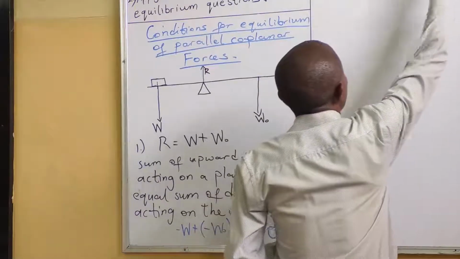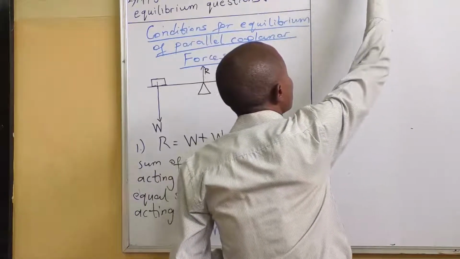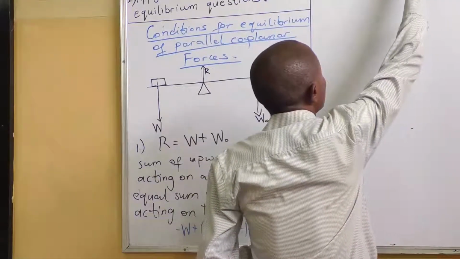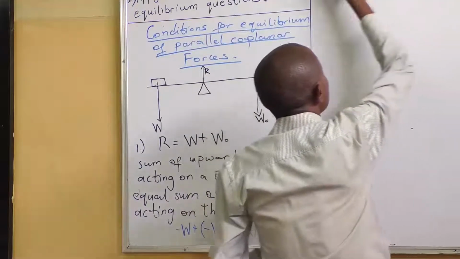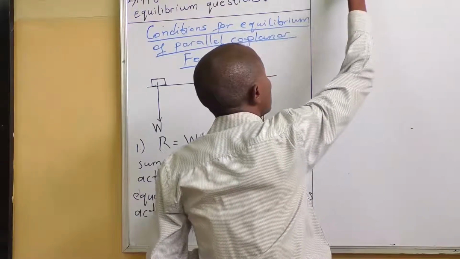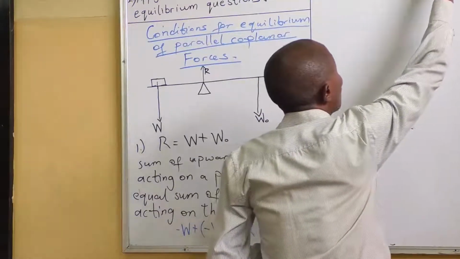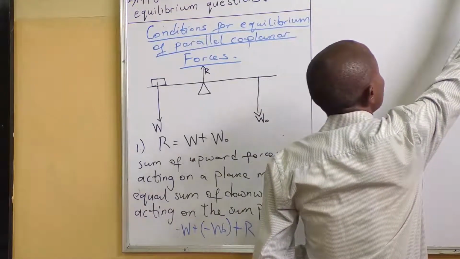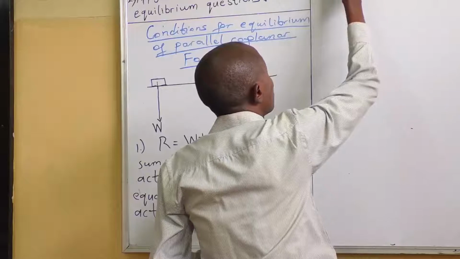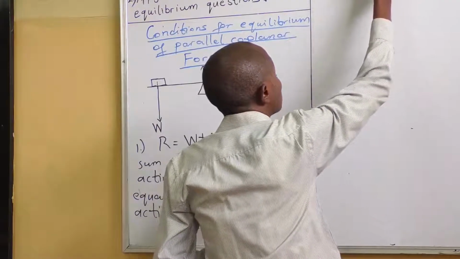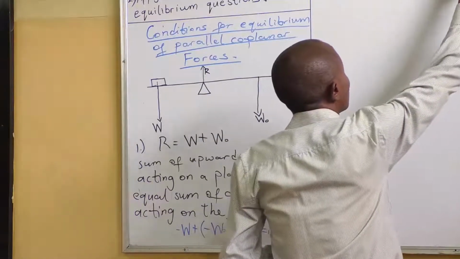And that says that the sum of clockwise moments about a point must equal the sum of anti-clockwise moments about the same point.